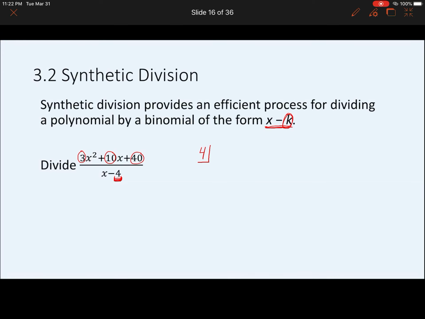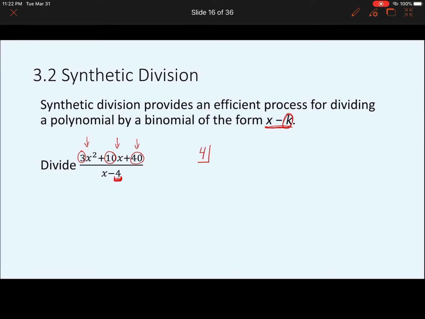Okay? And so the way this works is we're going to put the 4. That's what we're dividing by. And then across from this to the right, we're going to put the coefficients of the terms in the top. So in this case, the 3, the 10, and the 40.